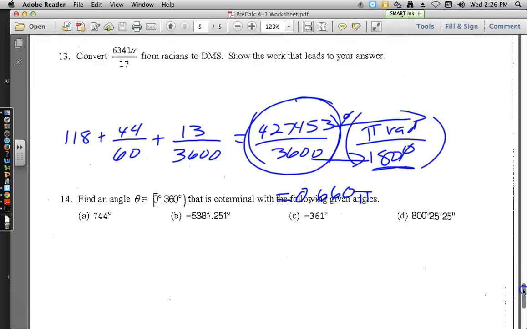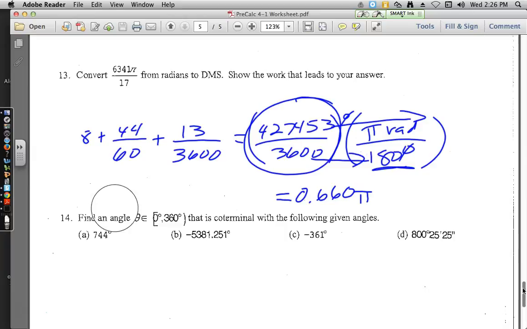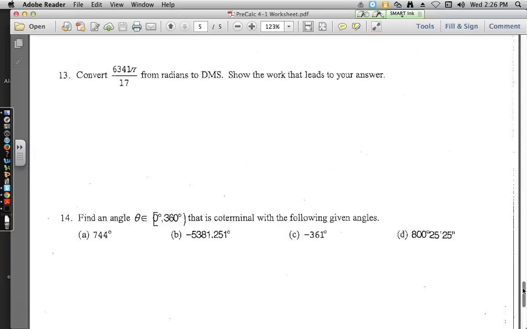Next one up, number 13. Number 13 has us converting again. We are converting 6,341 pi over 17 from radians to DMS, so degrees, minutes, and seconds, and they just want you to show your work.